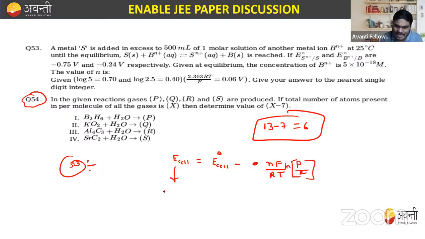But we know that at equilibrium, E cell becomes 0. So the value of E cell is 0.